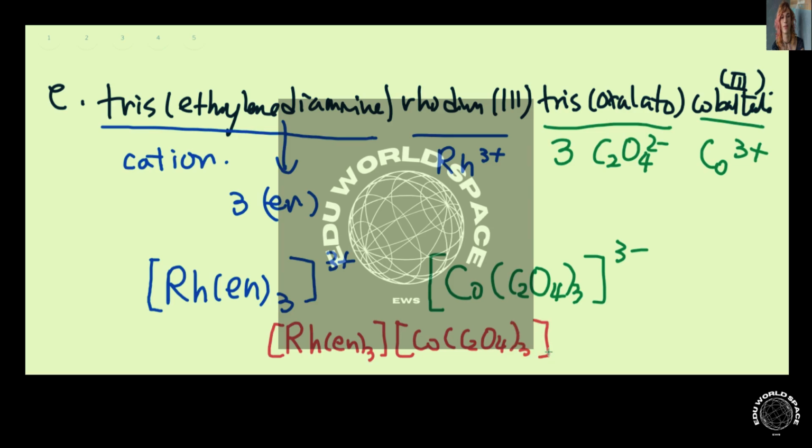So that will be the neutral compound for question E. And remember, this is the cation part, and the color in green is the anion part.